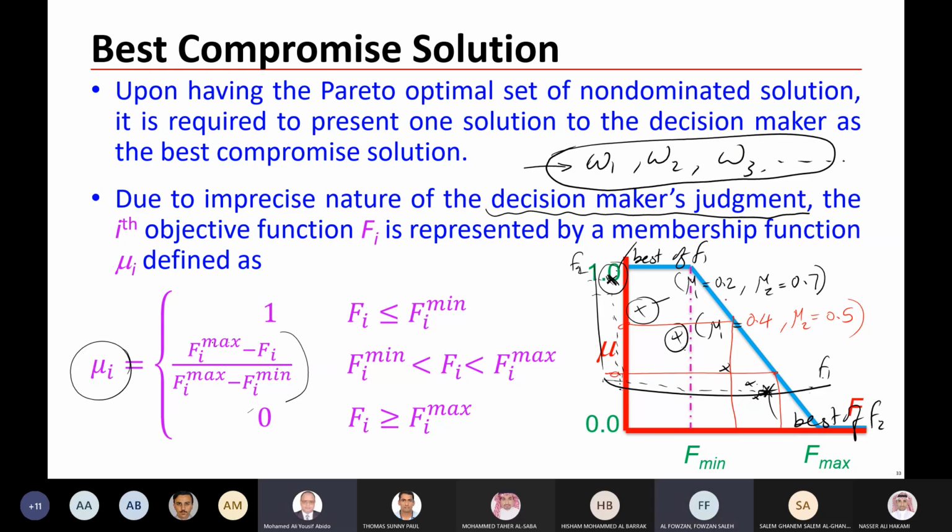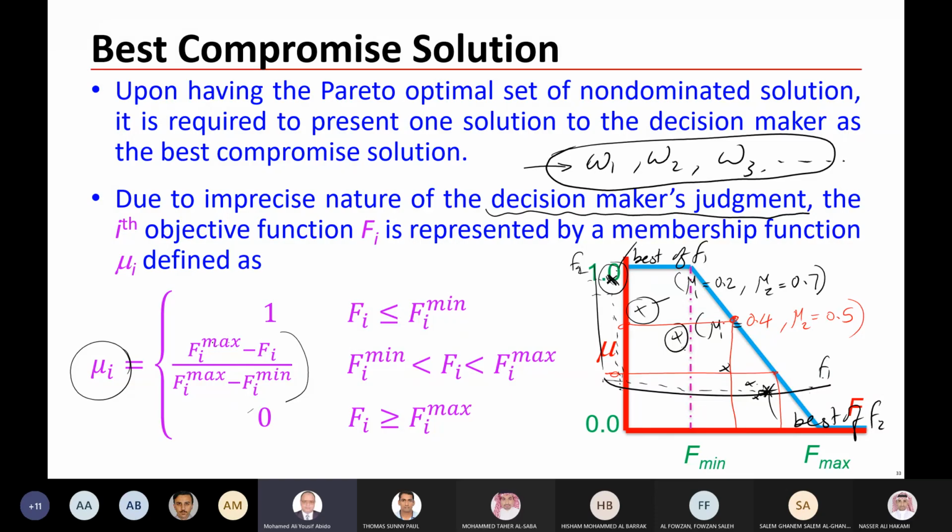No, if you want to calculate this, so this is the point. Now, what is the slope of this line? It is 1 over the difference.